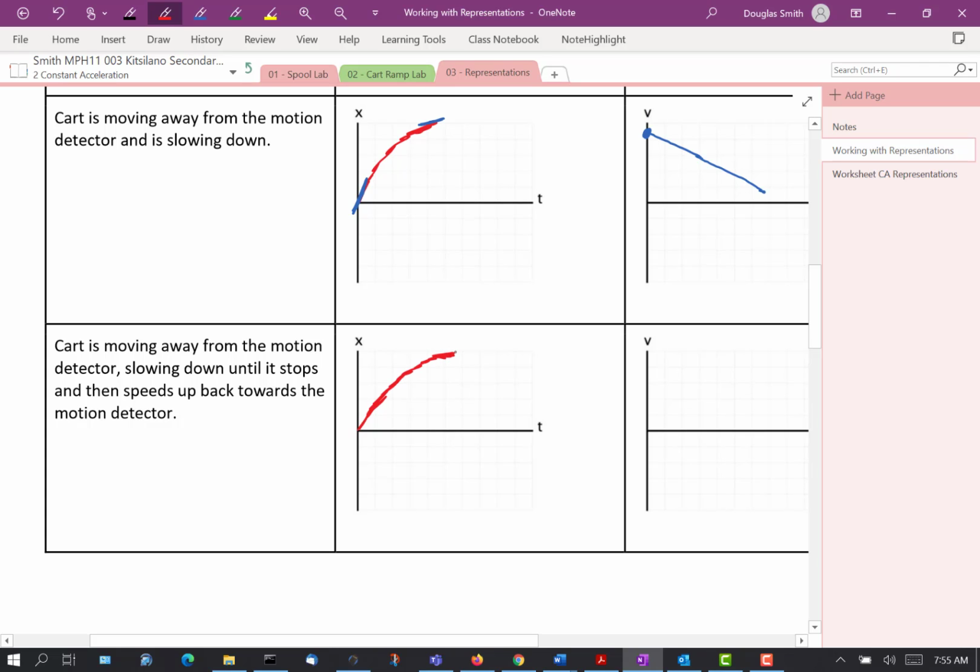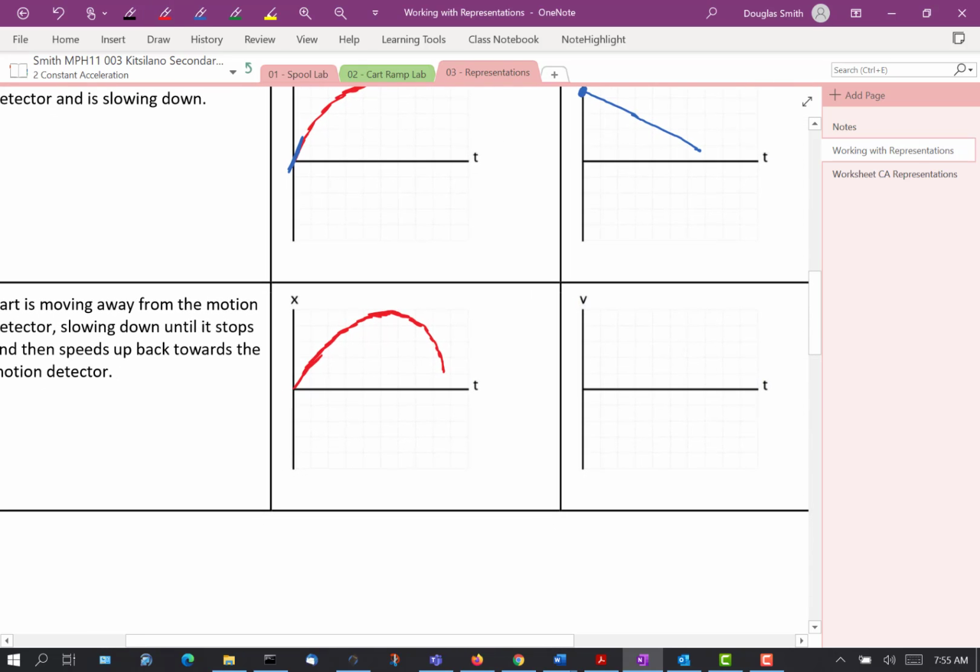Stops means it's a horizontal line on a position time graph. And then it speeds back up towards the motion detector. So now it's going backwards and speeding up, so it's getting steeper and steeper. Let's just draw some tangent lines.